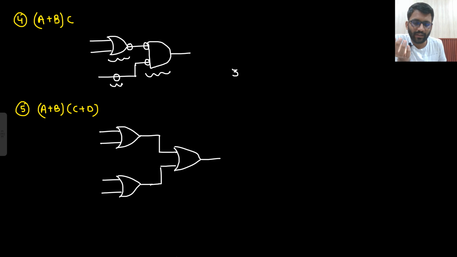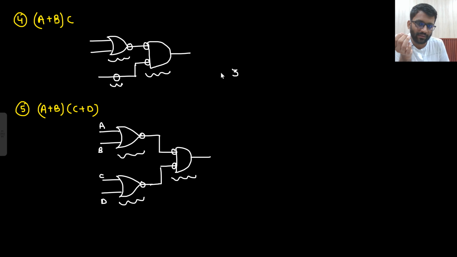This would be A plus B into C plus D. So this will be like that. If I am introducing one here, I will have to introduce another one here. This is A, B, C, D. 1, 2 and 3. So again the answer will be 3.